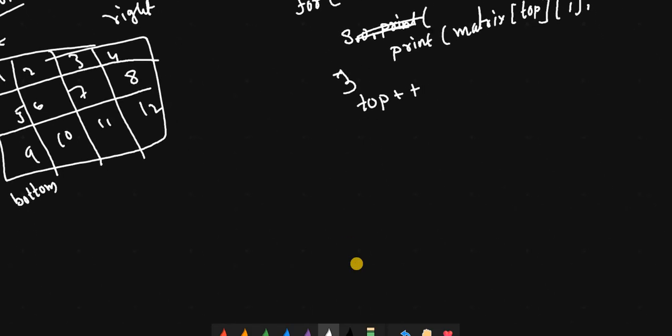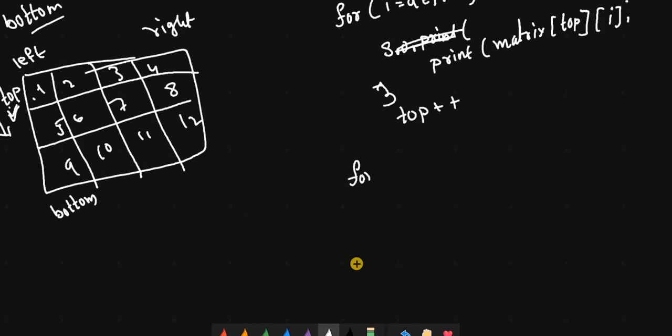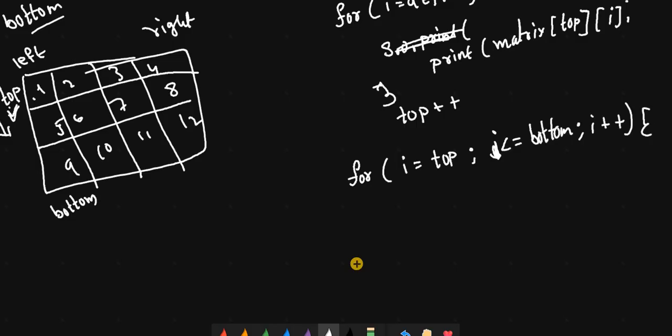After that, what we have to do? The next approach is top to bottom. Okay, for that, the loop will start from i equals top to, sorry, i less than or equals bottom and i plus plus. While moving from top to bottom, what is the constant column here? That is right. Okay.